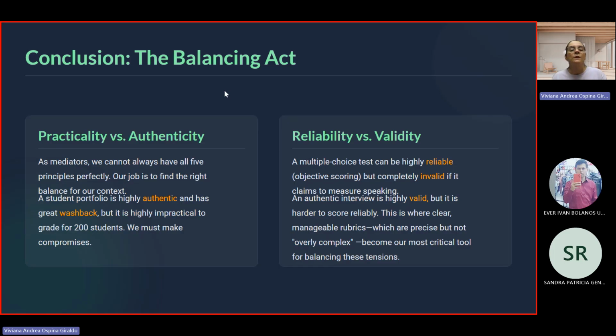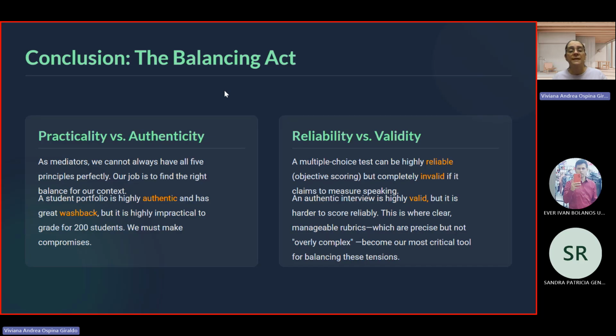Rubrics need to be well designed, clearly stating the criteria and the expectations, but also they need to be practical.